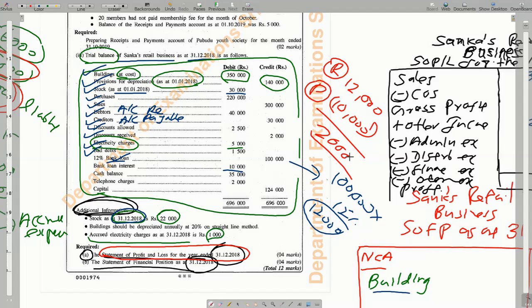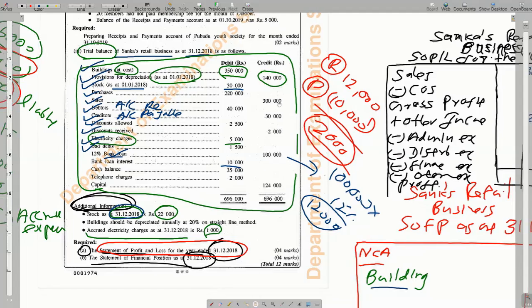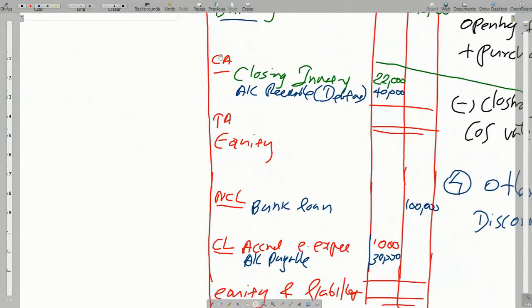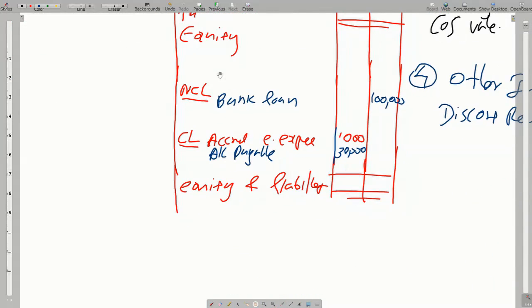Therefore, the remaining amount we consider under accrued expenses, like we did with electricity expenses. Under current liabilities, you can write accrued interest expense, about 2,000.